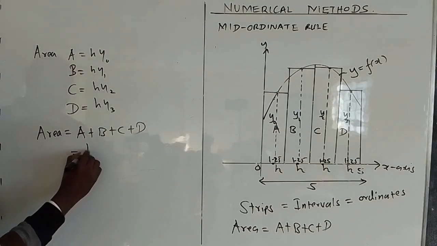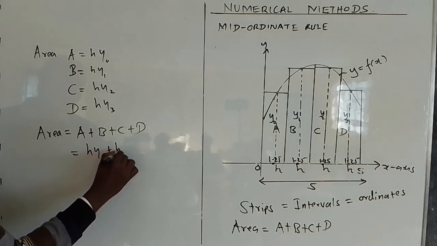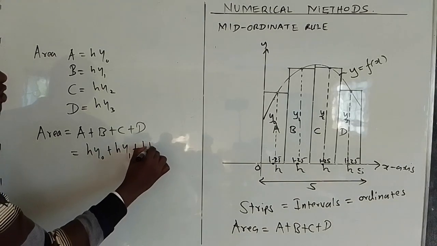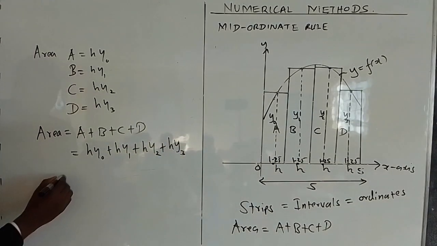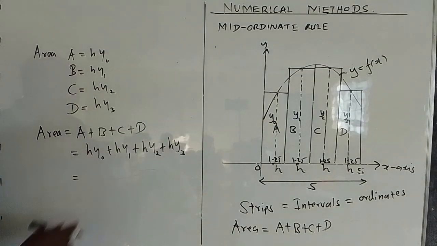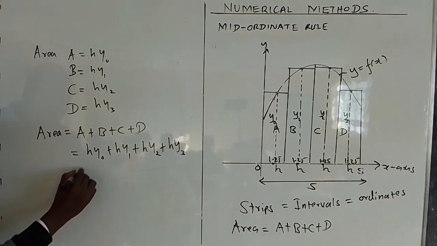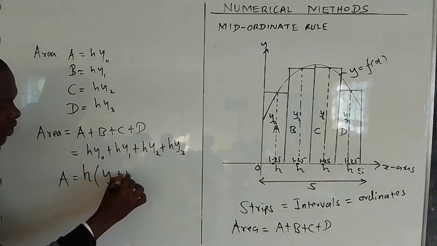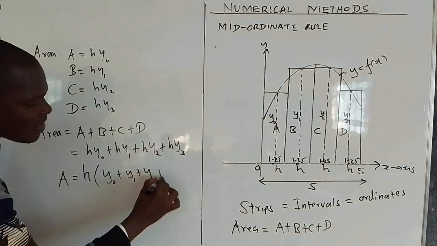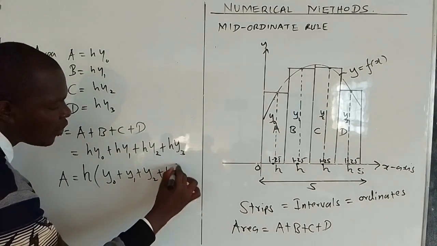The area of part A is h y0, part B is h y1, part C is h y2, and part D is h y3. So from there you can see h is the common factor, isn't it? So if you factorize h outside, you get the area is h times (y0 plus y1 plus y2 plus y3).